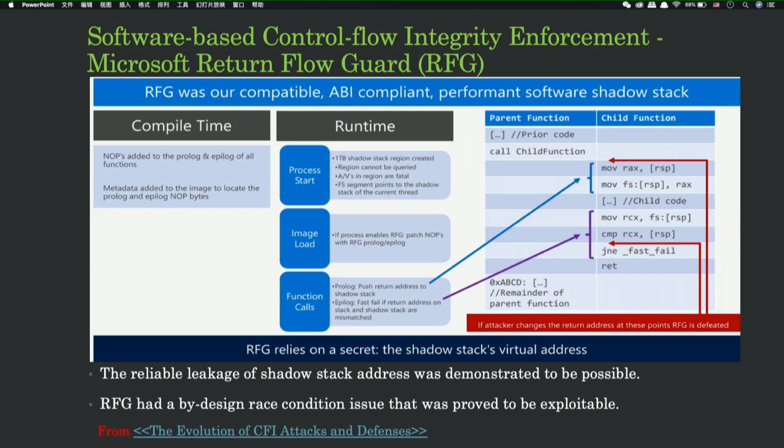But there are two things that we have to notice. The first thing is that storing this return address and comparing those return addresses are not atomic operations, because they're at the beginning of this call and at the end of this call.